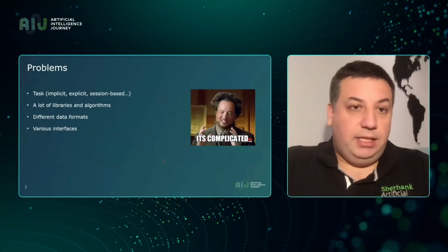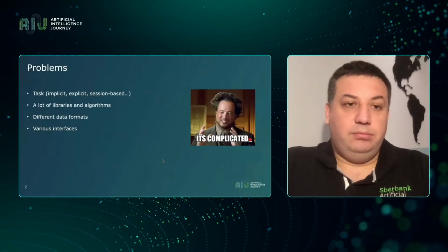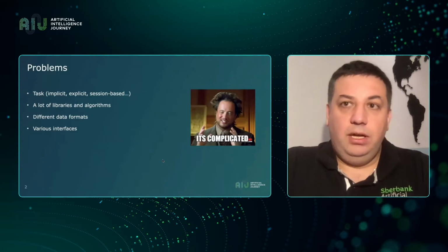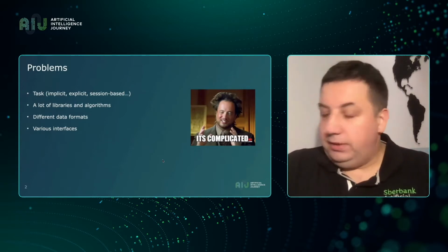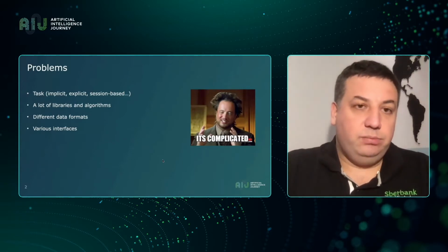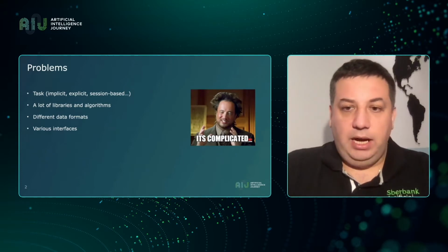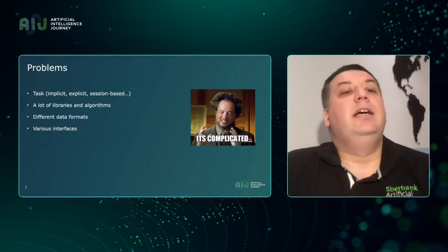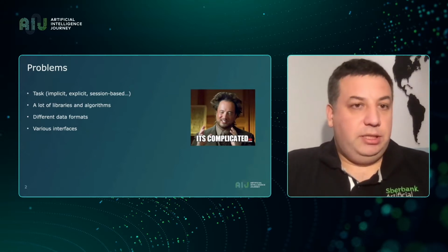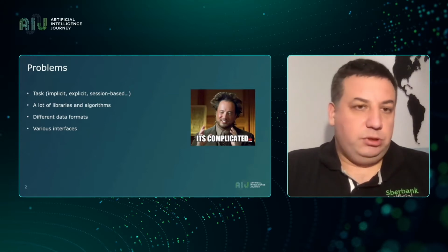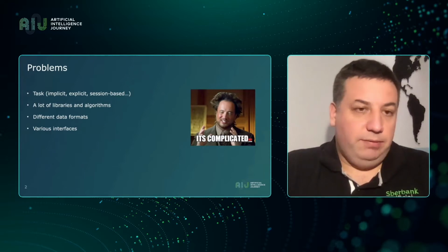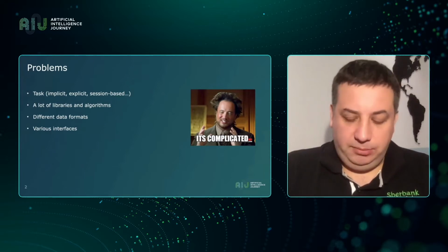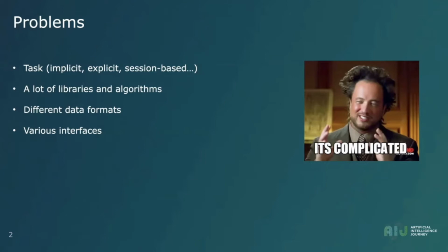Let us imagine a data scientist who wants to create a recommendation system. What steps would he take? First, he would want to understand what the task to solve is. That can be implicit or explicit recommendation, or session-based, or something that is not actually a recommendation but masquerading as one.